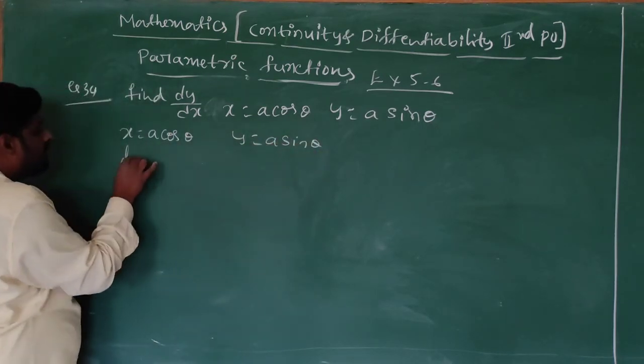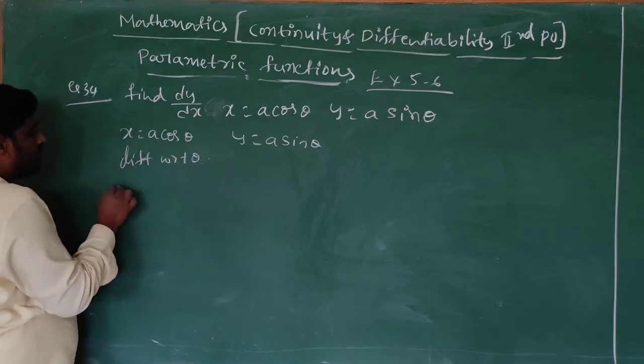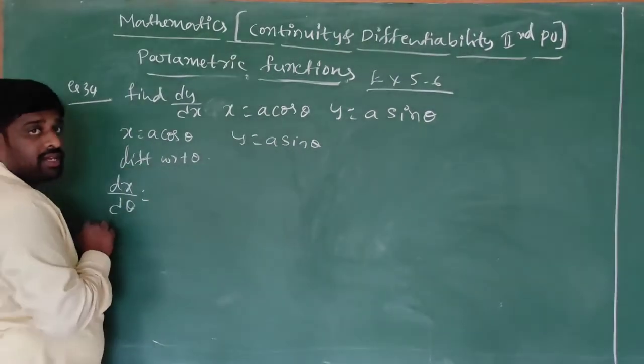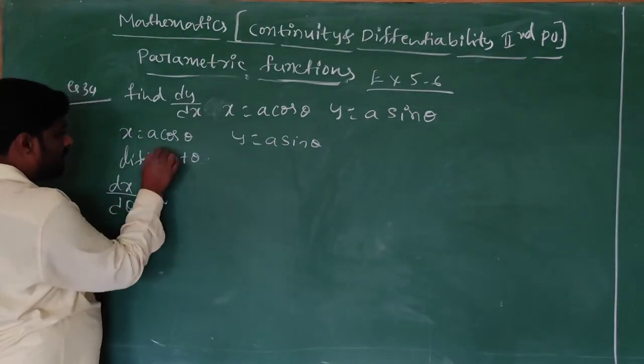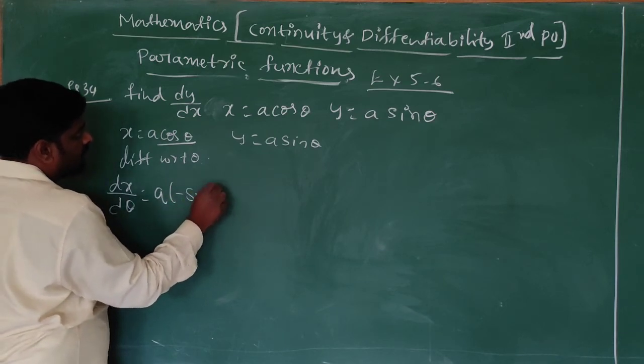So differentiate with respect to theta. So x differentiation is dx by d theta. A as it is, cos theta differentiation is minus sin theta.